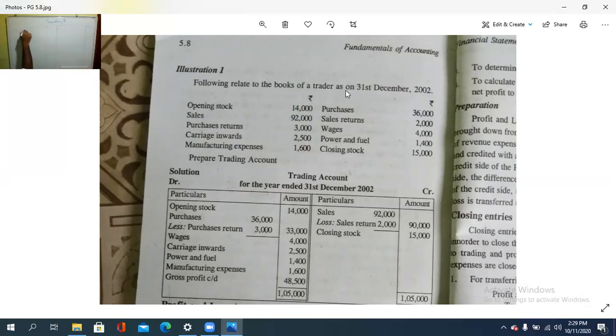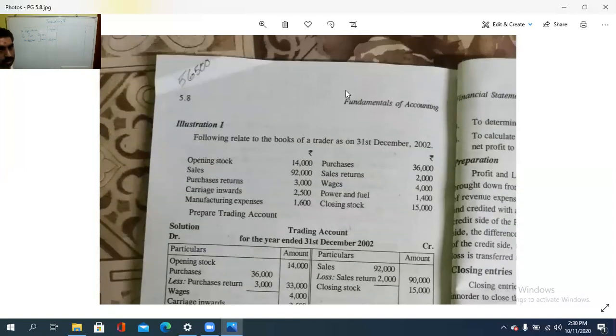To opening stock, how much is the amount? 14,000. To purchases, 36,000 in the inner column, less returns 3,000. So 36 minus 3, 33,000. Then to wages, 4,000, in the order it is coming.